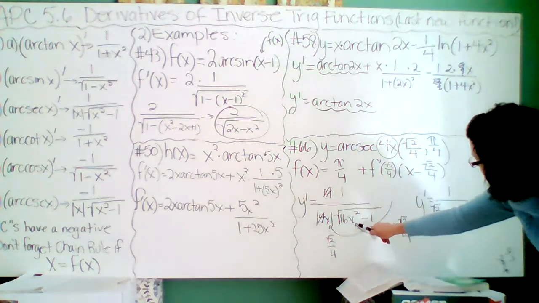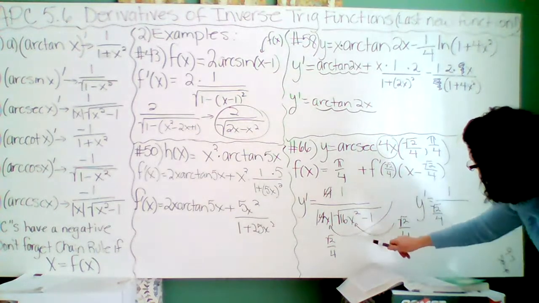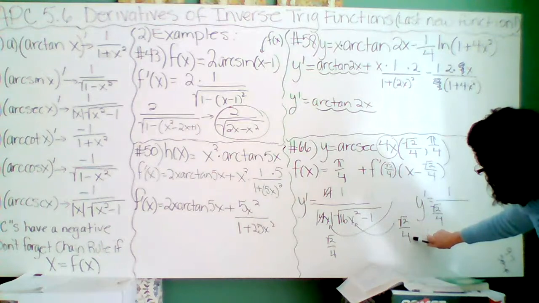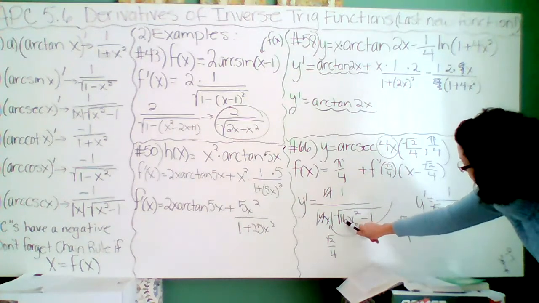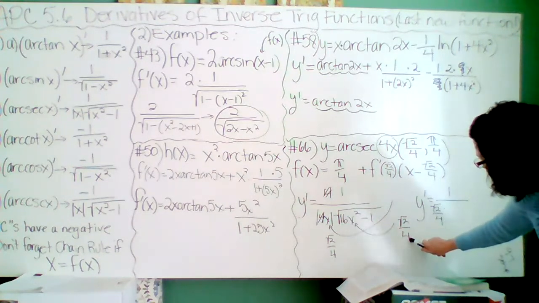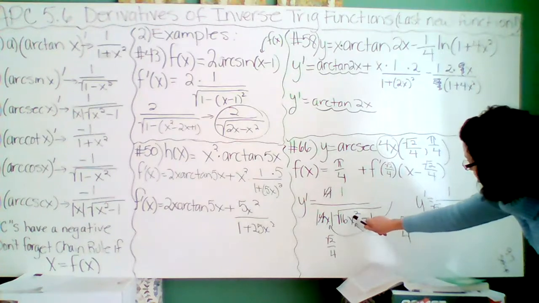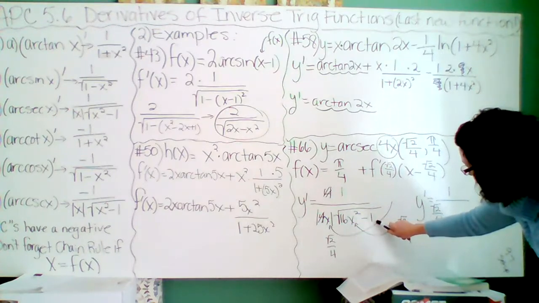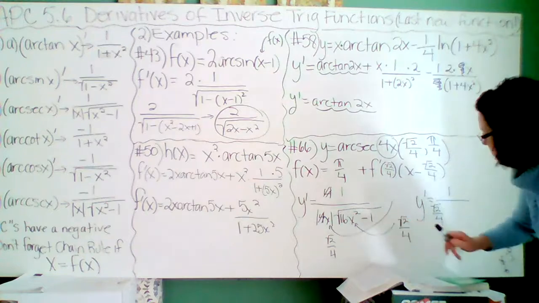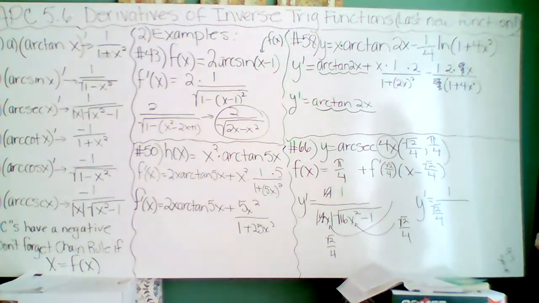When I put a square root of 2 over 4 in here and I square it, I get 2/16 times 16. So the 16s cancel out, and I am left with 2. 2 minus 1 is 1, and this is the square root of 1. So I don't need that.